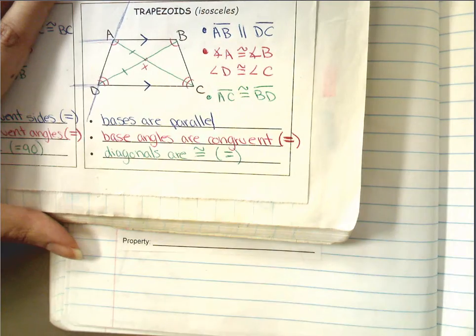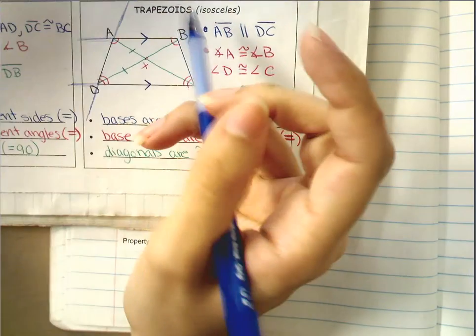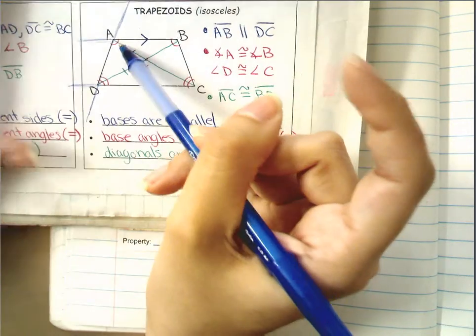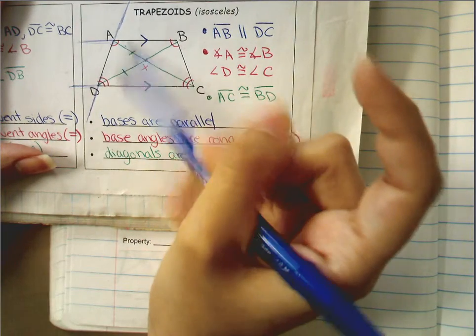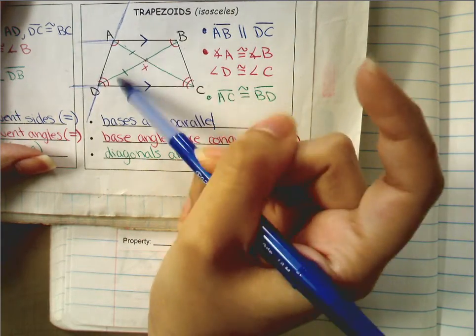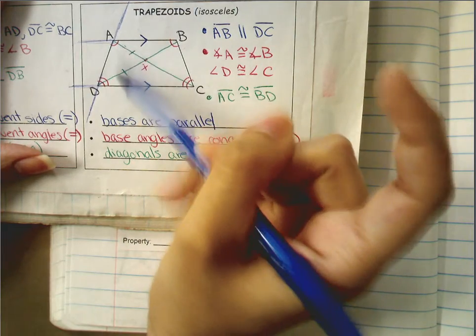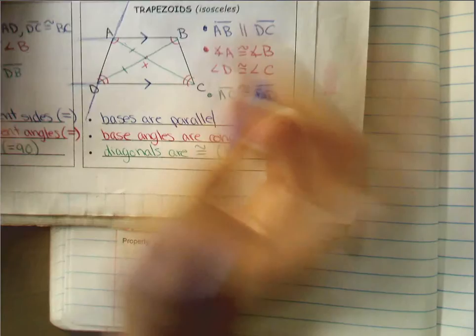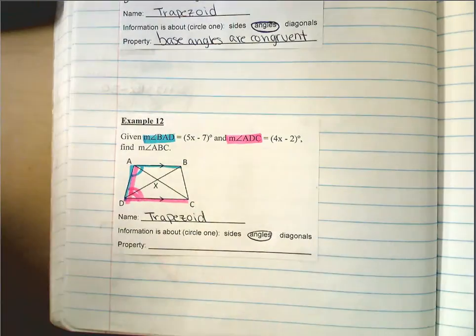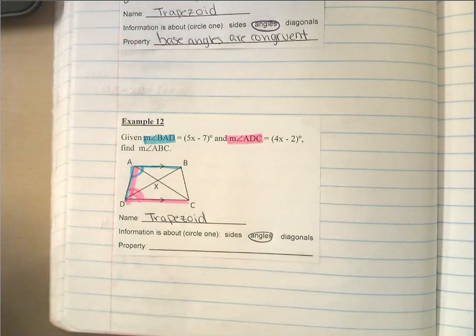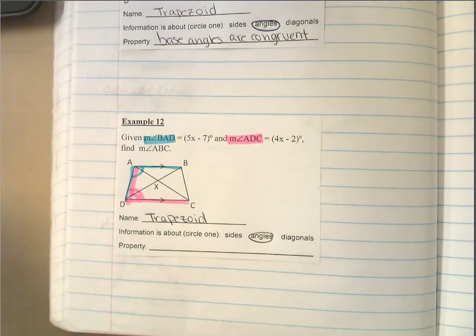And so if I extend my bases, the angles that are given to me would be same side because they're both on that right side of the line, interior because they're both between the bases. So same side interior angles are supplementary, which means they add up to 180.